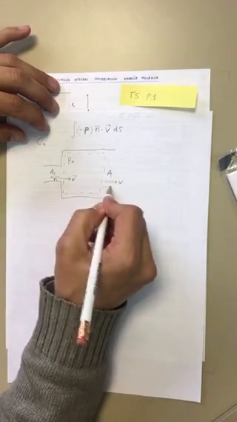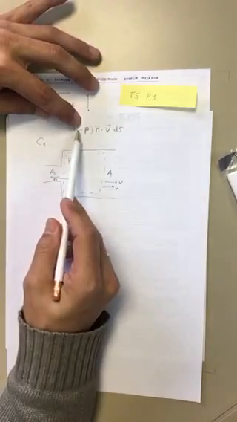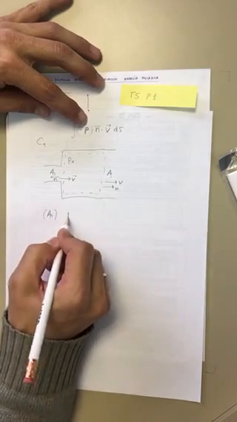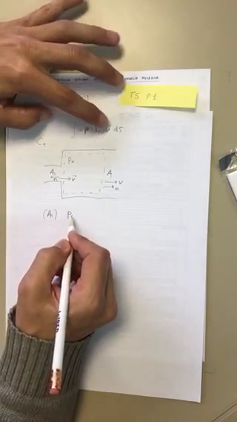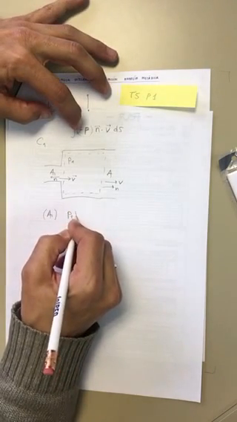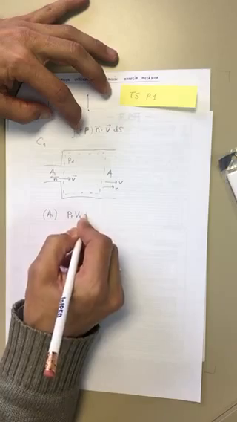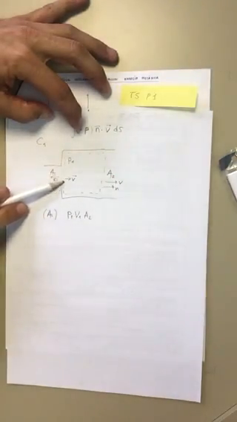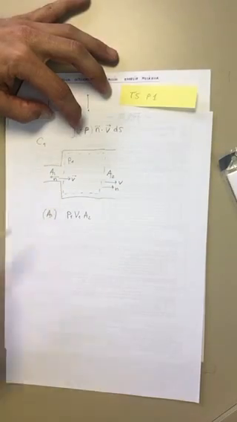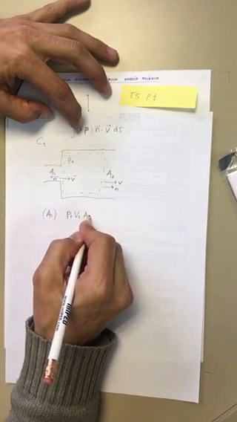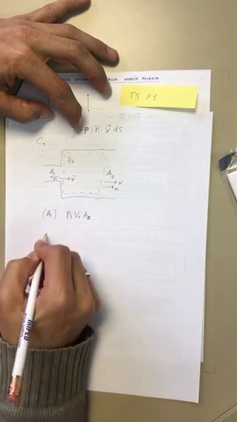Due to this minus sign, you get the opposite signs as in term B. So in A1, you would write P1 times, this is negative, this cancels with this negative, so you have P1 times V1 times A1.